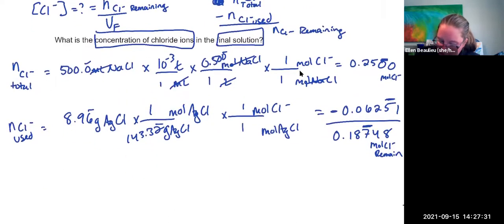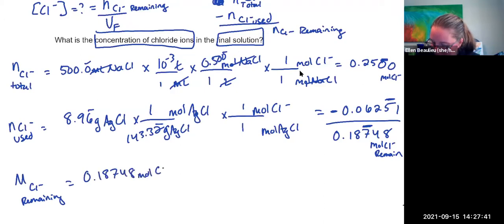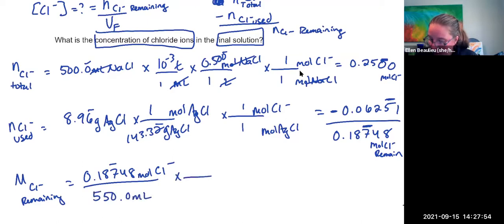So the question was asking the molarity of chloride remaining. So we can take those moles, 0.18748, and we can divide by the volume. Again, this is the final solution, so that final volume was 550 milliliters, but I need liters in my denominator.